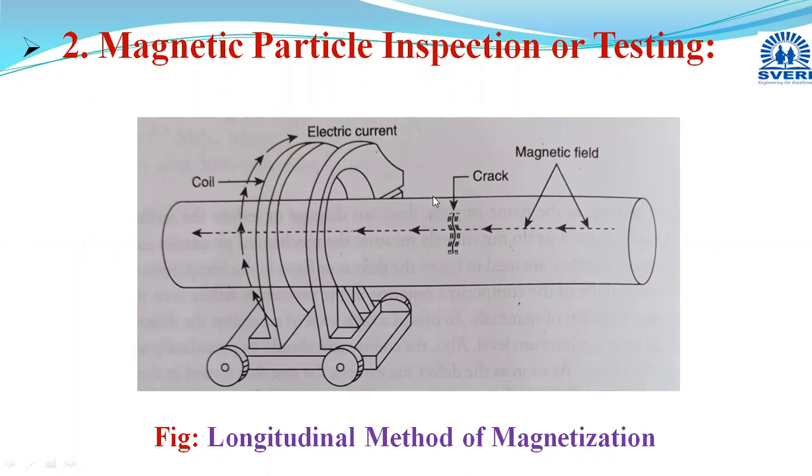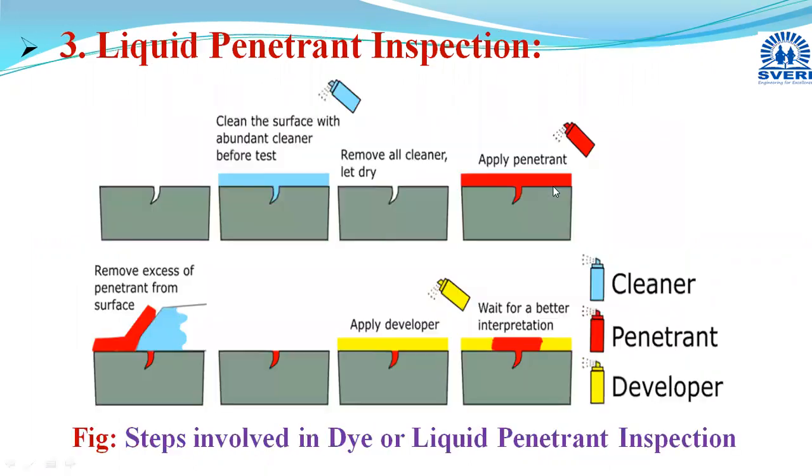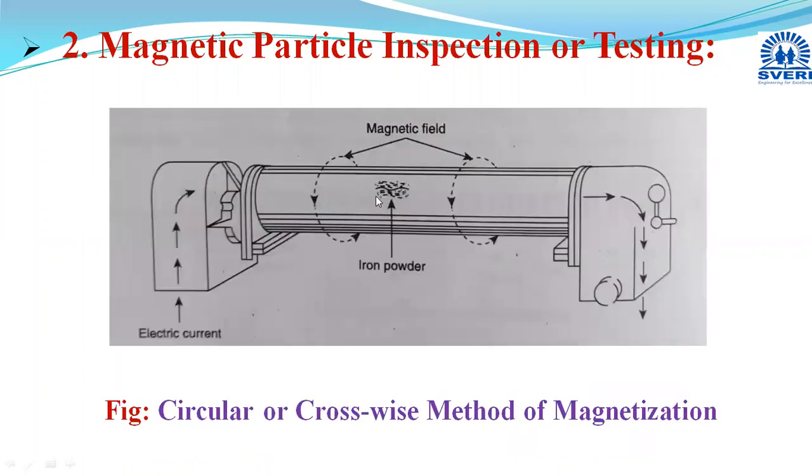Hence, for detecting the transverse crack, longitudinal magnetization is required, and for detecting longitudinal or lengthwise cracks, circular magnetization is required.